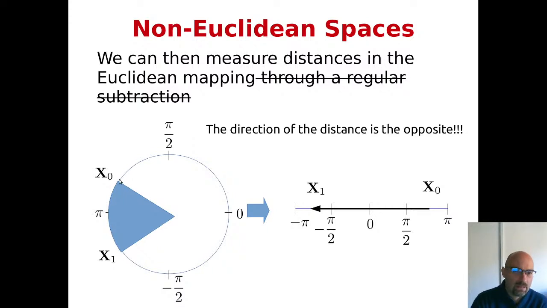Well, if I repeat the process, I find that x0 is here, x1 is here, and then I find that in order to move from x0 to x1, I have to walk along all this path, right? But this is definitely not the minimum distance between x0 and x1. Because the minimum distance will have the opposite direction. So instead of from here to here, I will have to move from here to here, following this part.